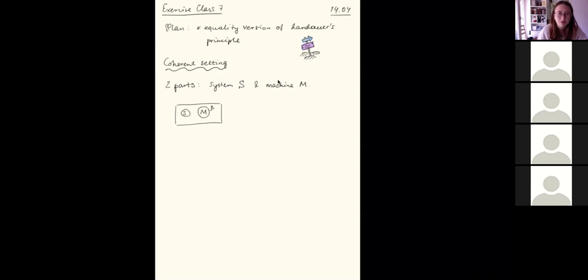Whenever I say temperature beta, what I actually mean is inverse temperature beta, but I'll just say so for the sake of being short.